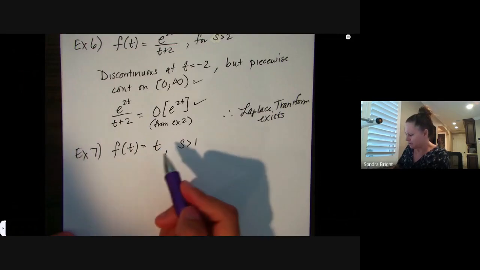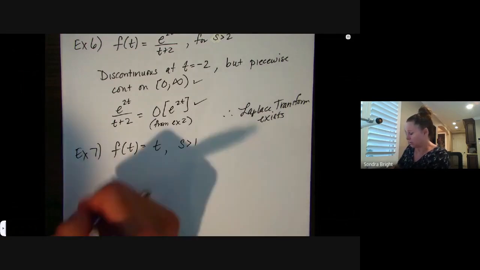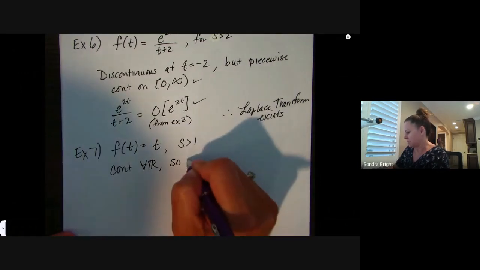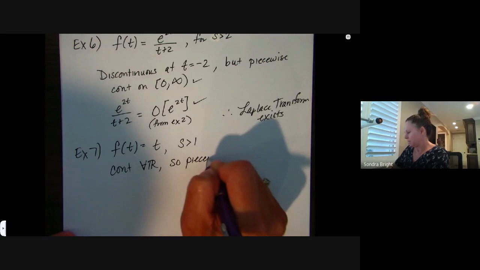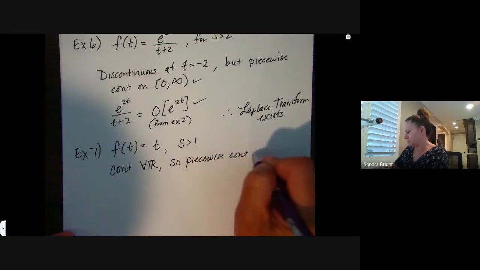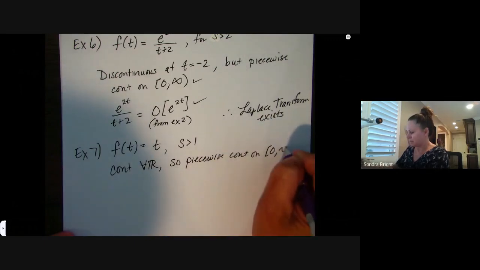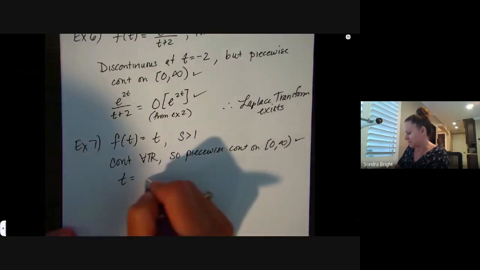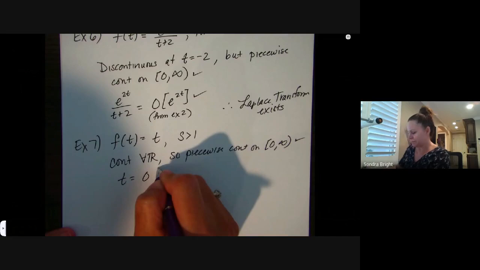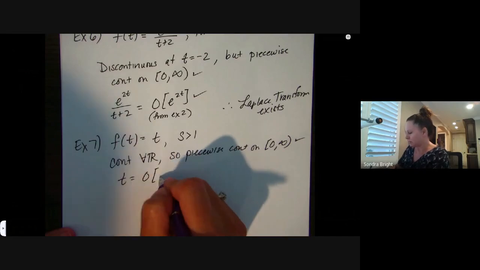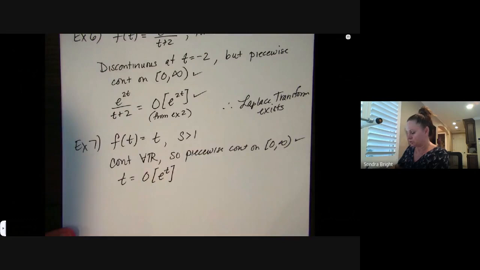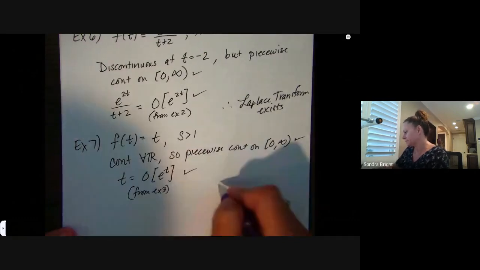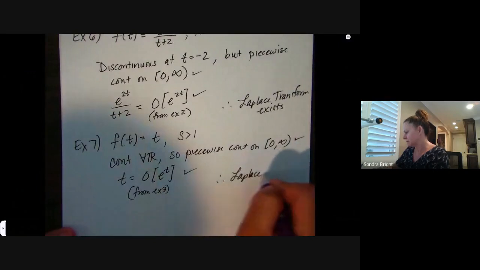So this is definitely continuous for all real numbers, and so definitely piecewise continuous on 0 to infinity. And then from example 3, we found that t is of the order of e to the t. Check. And so the Laplace transform does exist.